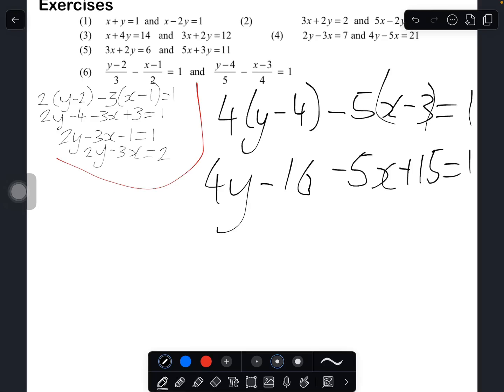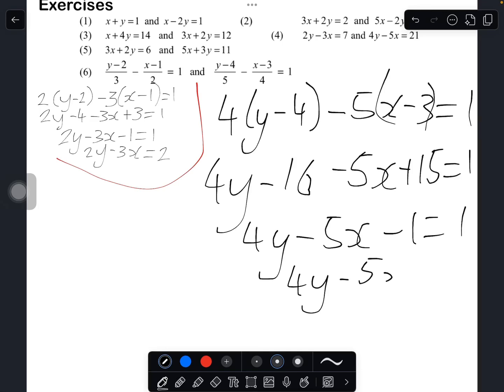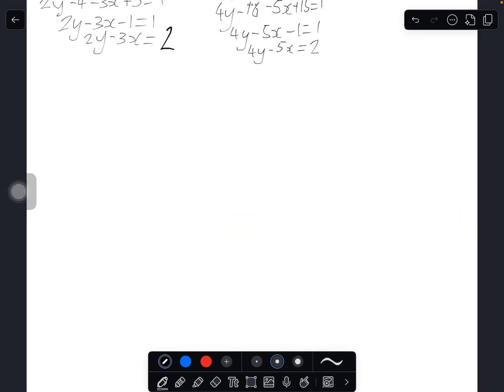And then now I will simplify this. I'll have 4y minus 5x minus 1 equals 1, and I have 4y minus 5x equals 2. Now that we have it in this form, we're only working with two equations really, because we still have the same equations, just put in different form.